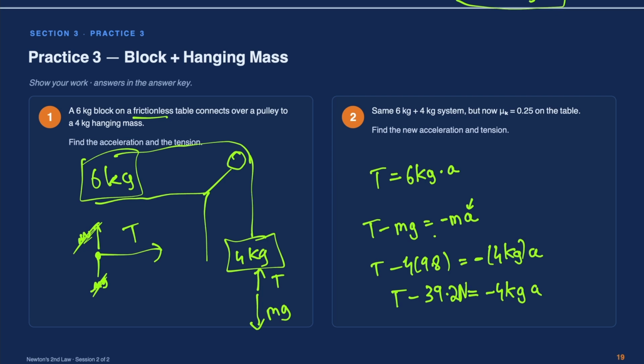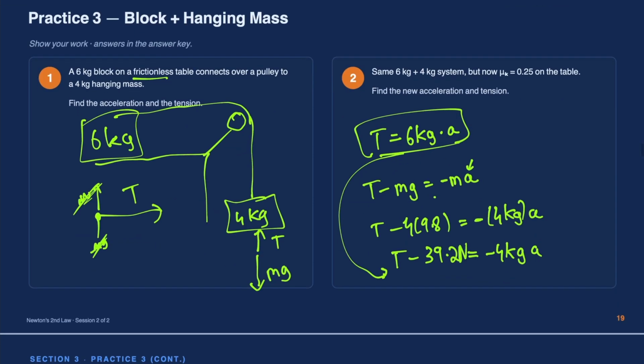And then T is equal to 6 kg A. I can just substitute that in here. So I'm going to get 6 kg A minus 39.2 newtons is equal to negative 4 kg times A.